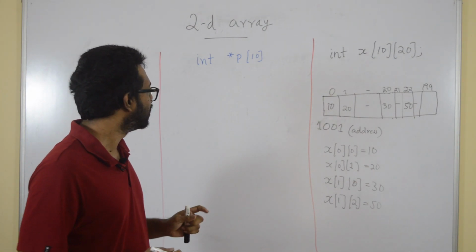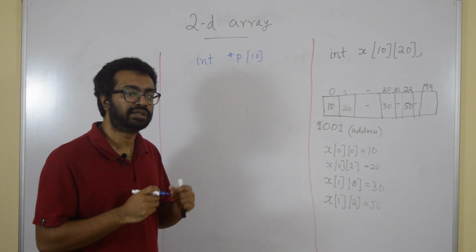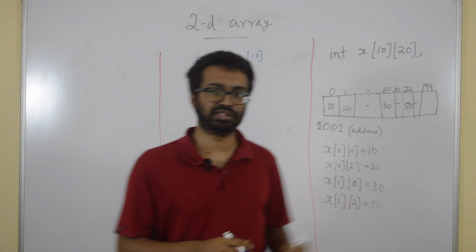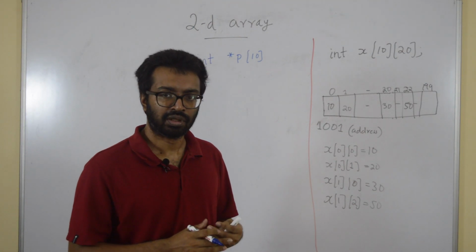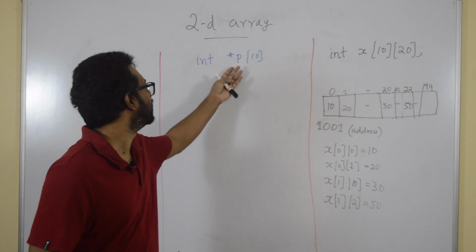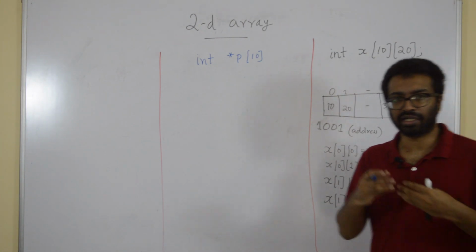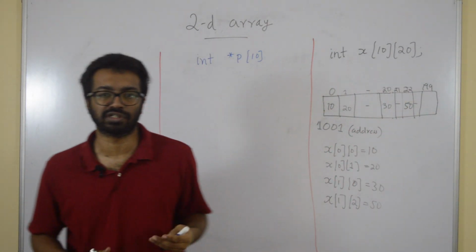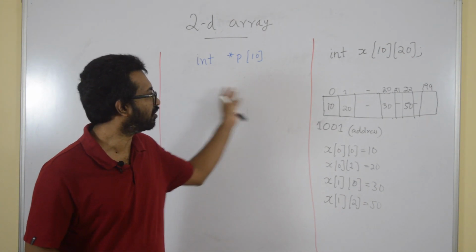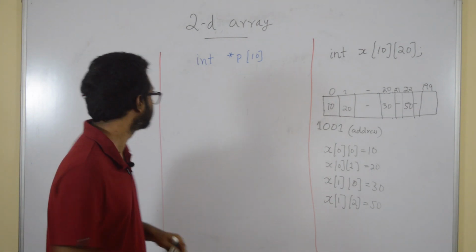Statically, you will be allocated 10 memory locations for storing pointers of type int star. Obviously this array size 10 is known statically, right? At the beginning, the program knows this fact, and therefore the machine can allocate a contiguous block for these 10 pointers.